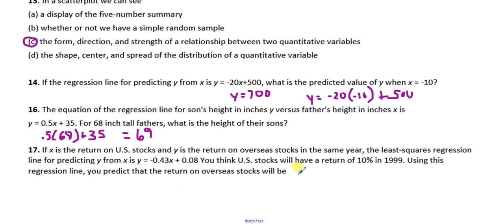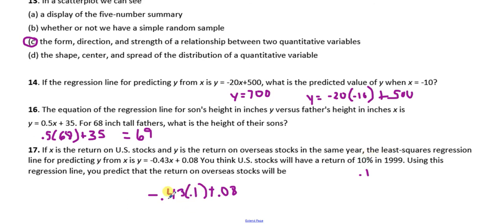And 10%, we're going to put 0.1 in for x. So you go -0.43 times 0.1 plus 0.08. And once again, these are multiple choice. So if you weren't sure, try 10 for 10%, or try 0.1 and you should get the right answer.